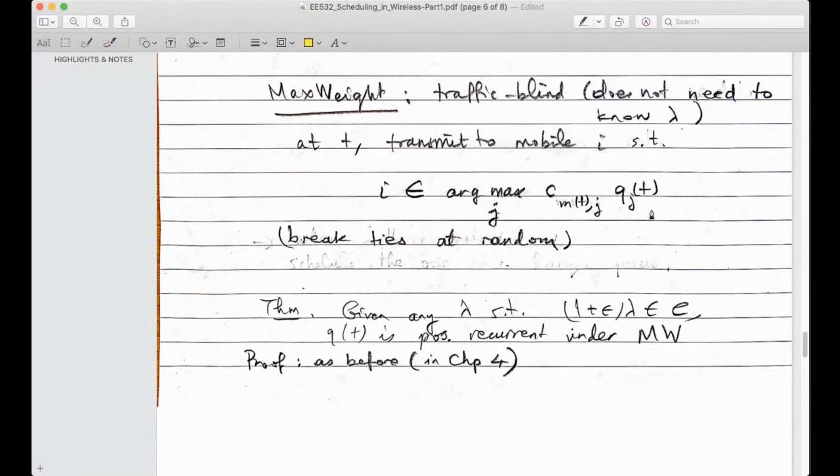So there is this rule of thumb in queuing theory and scheduling. It's called the C-mu rule. The C-mu rule essentially means serve the queue or the user who needs service the most, but who's able to get a high rate at the same time.